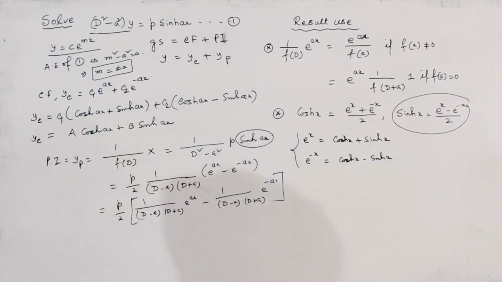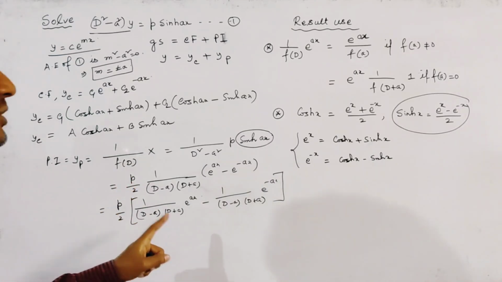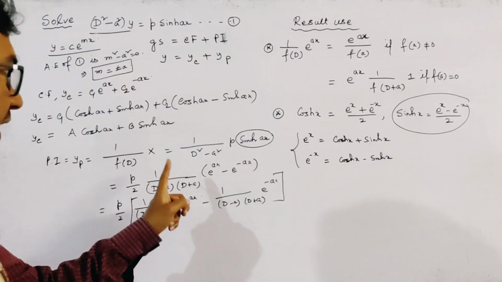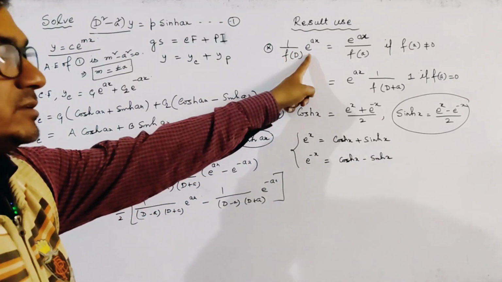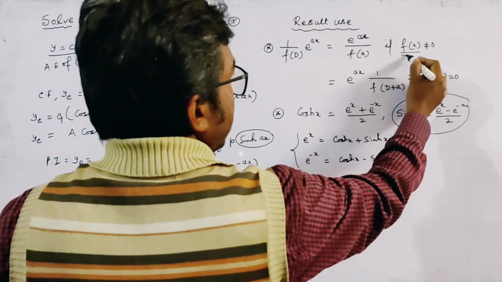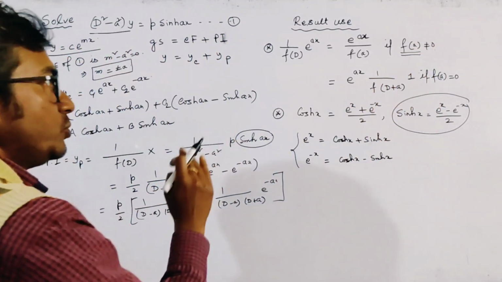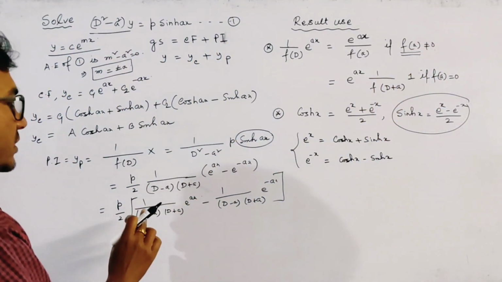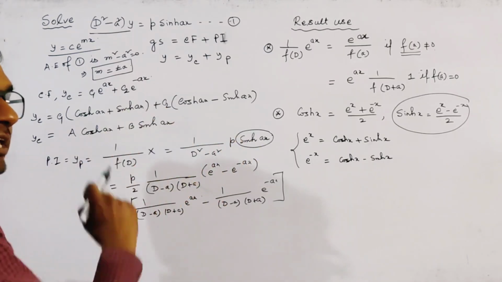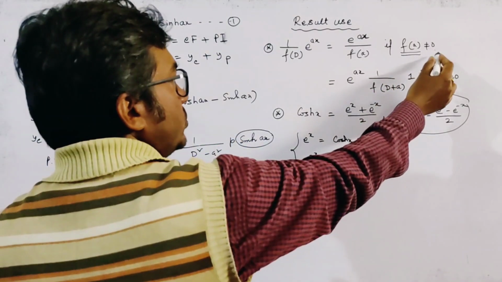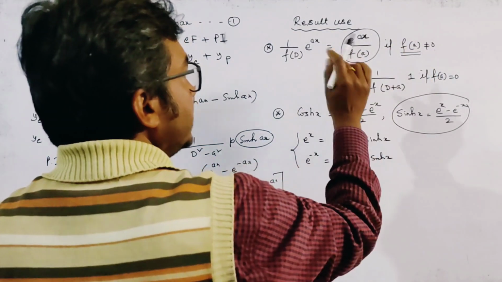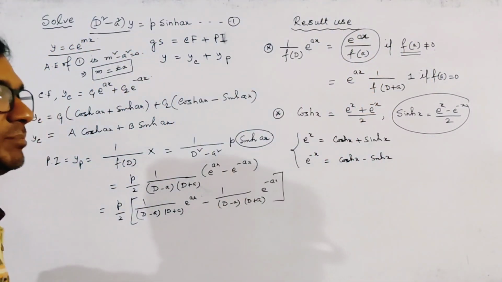It has two parts. Now we use the rule for finding the particular integral if x is an exponential function. If f of a is not equal to 0, that is, if we put a in place of D in the denominator, then we directly put the value of a in place of D and write the particular integral.